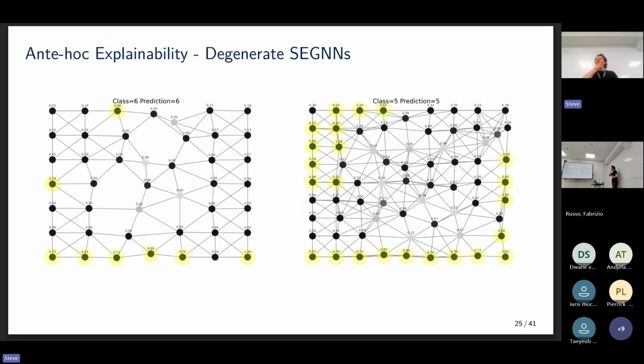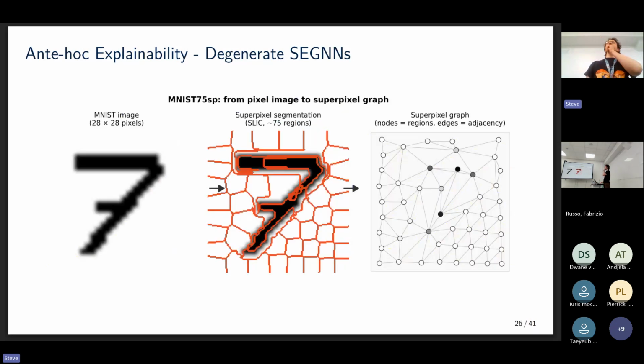This is a practical example, so a more quote-unquote real-world example with the MNIST dataset. Just to give you an intuition of how we can deal with images in graph version, I prepared this simple figure.